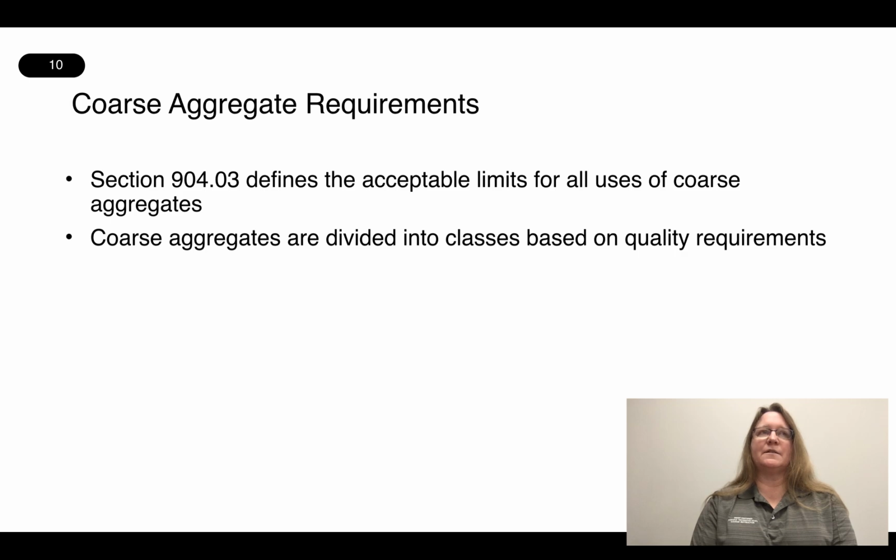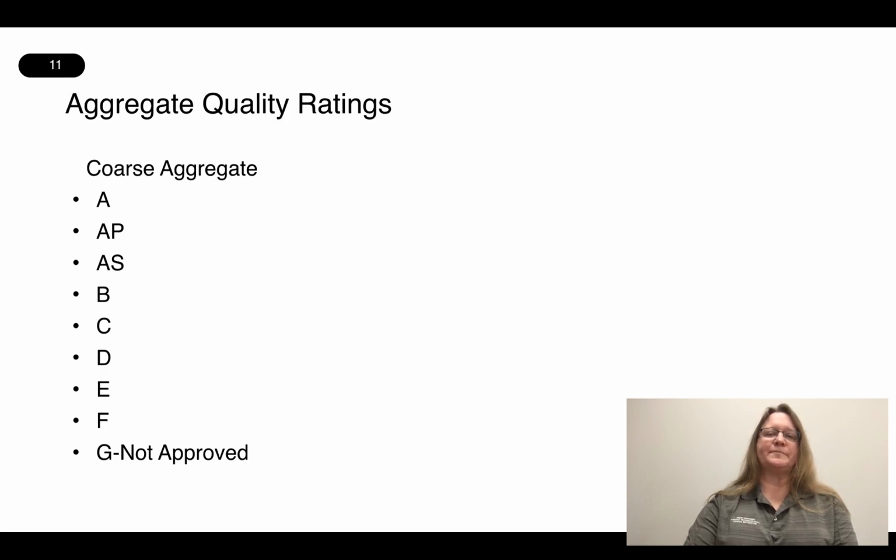And it defines the limits as far as the testing that we do on coarse ag for physical quality, and it also defines the gradation requirements for state specifications for coarse aggregate. And coarse aggregates are divided into classes based on these quality requirements.